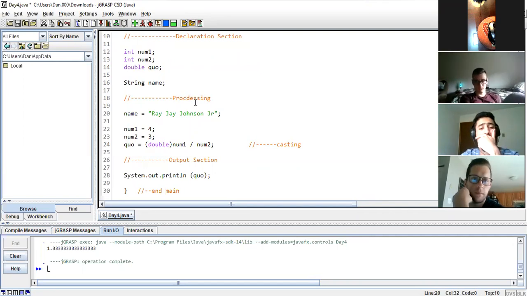Now you notice the length of it was pretty long, so it didn't know how much memory to use. Well, string is a little bit different than our primitive data type. It's a reference variable. When I say string name, what gets stored in name is just a memory address. Then when I go and say name equals Ray J. Johnson Jr., it will store each one of those characters starting at that memory address.